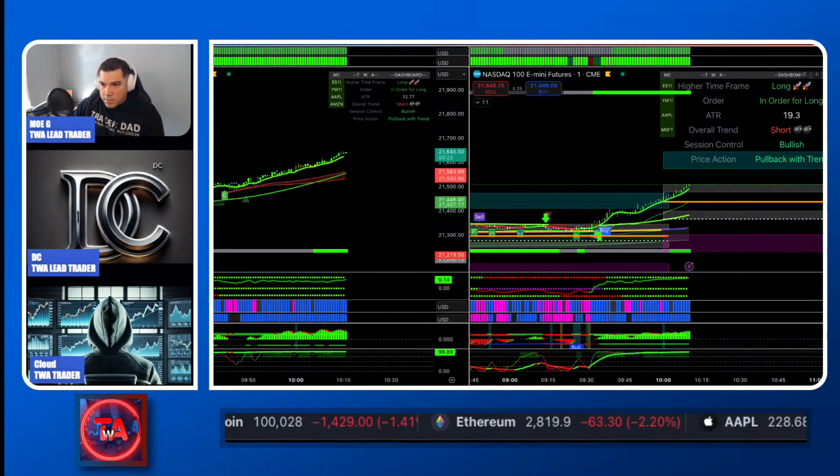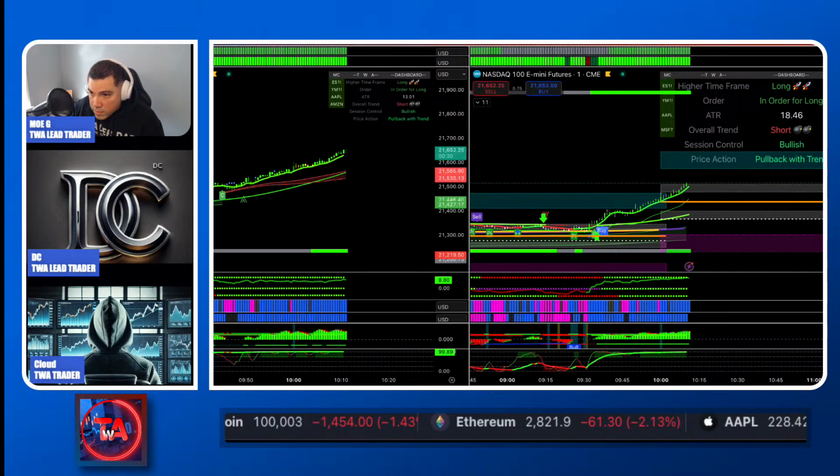Haven't taken a trim on that 1 micro like I said I was going to at the 200, but hey, it's whatever. My entry did come right at VWAP.